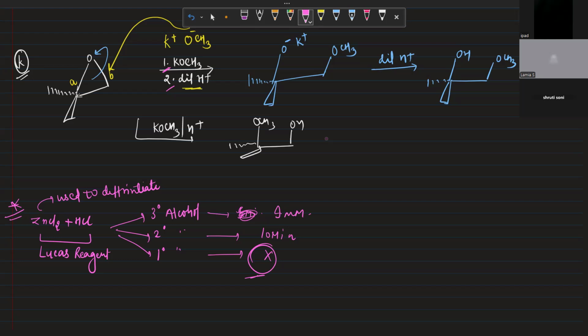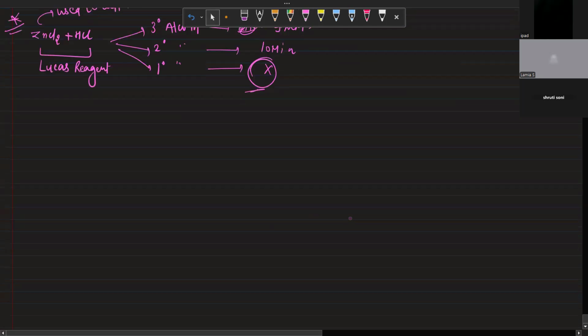And what is the other one? TsCl is tosyl chloride. TsCl stands for tosyl chloride.